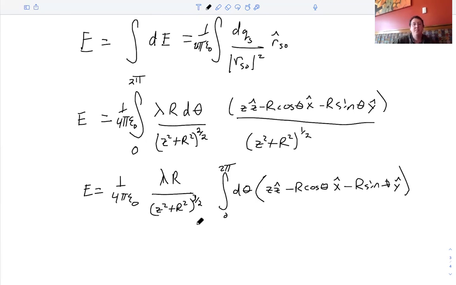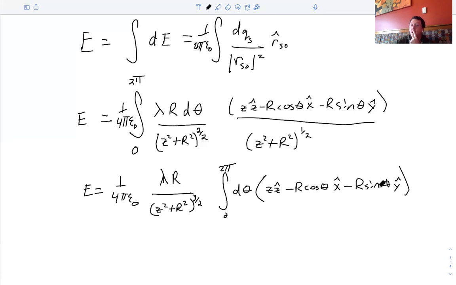Okay, now, if you look at this, I'm integrating over theta. Lambda, r, z, those are all constants in this problem. They may be unknown constants, so they're written as symbols. They're not varying as we move around the ring. The only thing that varies is theta. So you're going to end up with an integral over cosine, that's 0 as you go all the way around the circle.